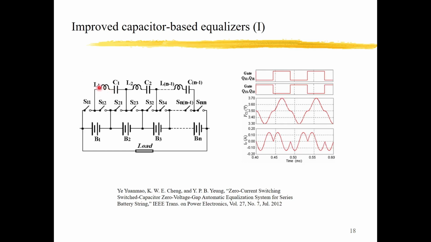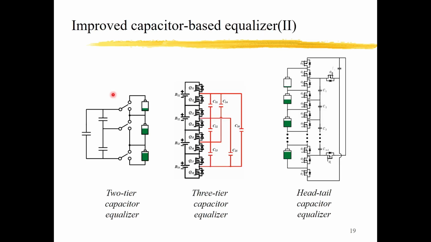The action here is an additional inductor connected to the capacitor, and the inductor will smooth the current. So the additional inductor will reduce the current spike.